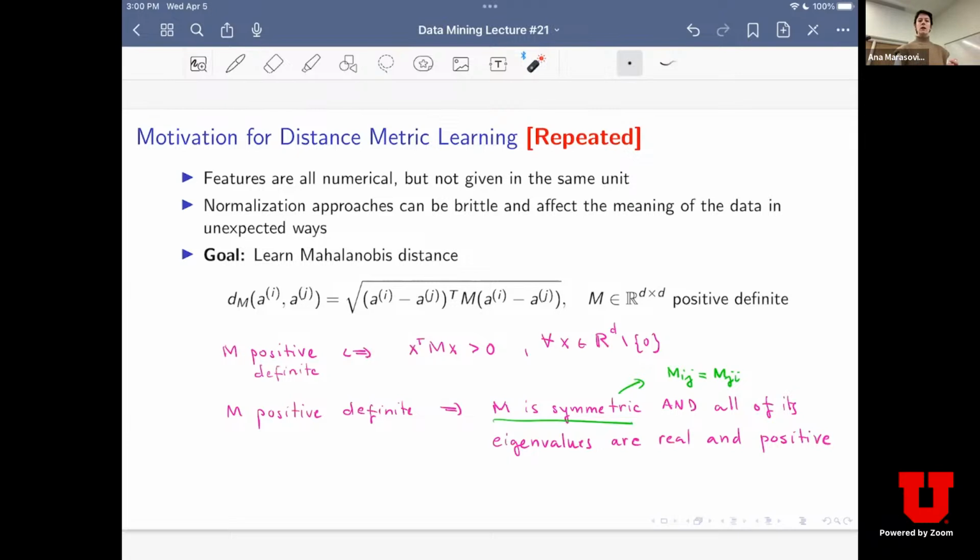And remember the properties of the metric when we had the lecture on distances. Those were that the distance of a point from itself is going to be 0. We have the positivity, that distance is always going to be positive values. We had symmetry, that the distance from A to B is the same as the distance from B to A. And we also had transitivity.